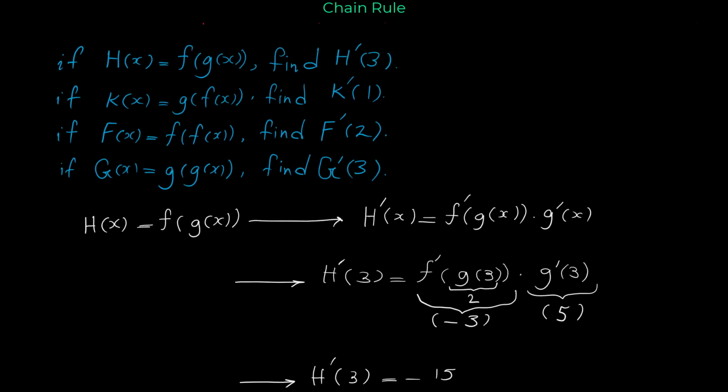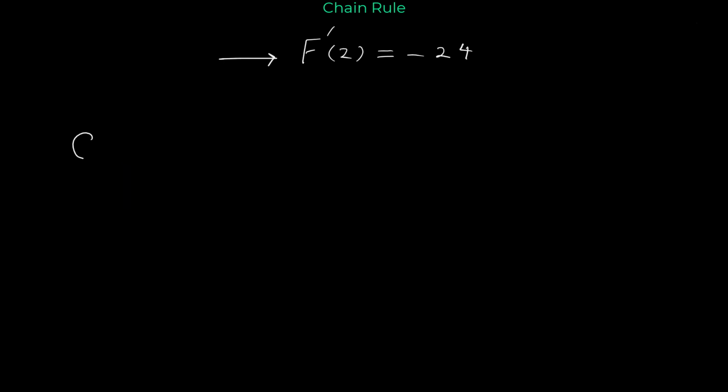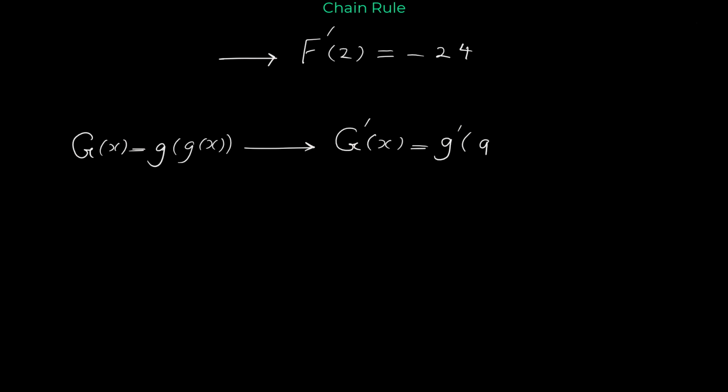Now we want to answer this last question. If G of x equals g of g of x, find G prime at 3. First, we have to find G prime of x. Take the derivative of the outside function, leave the inside, and multiply it by the derivative of the inside.